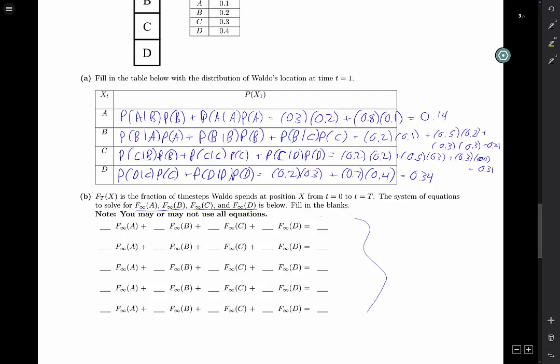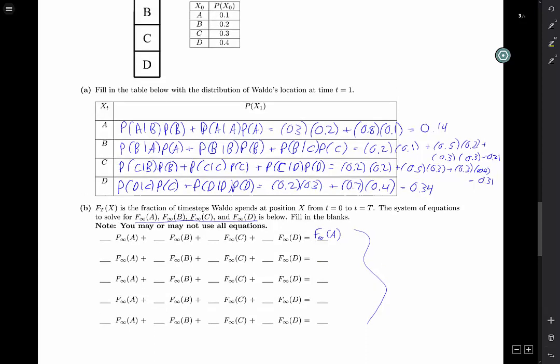So what is f infinity of A? Well, the weighted sum is going to be the probability from each fraction of time. If I'm in the fraction of time of A, what's the probability that I stay there? That's the probability of A given A, so that's 0.8.